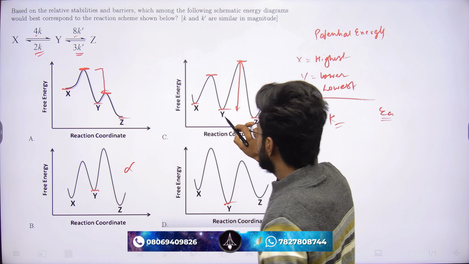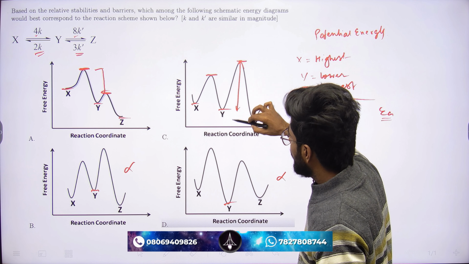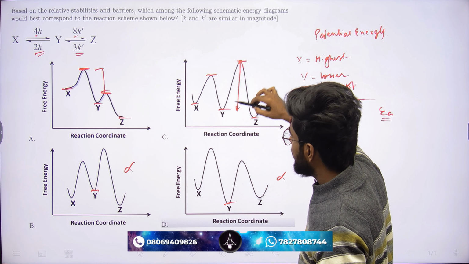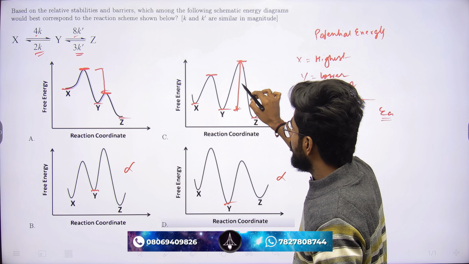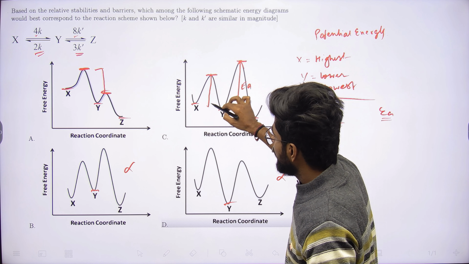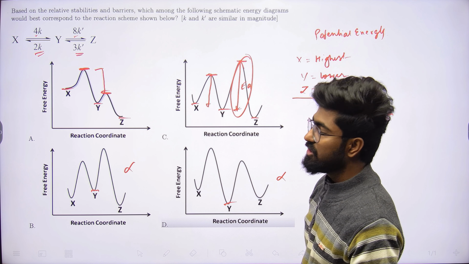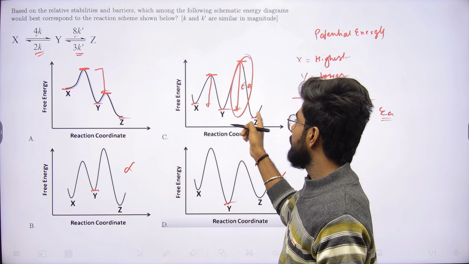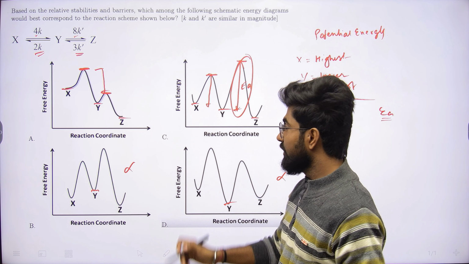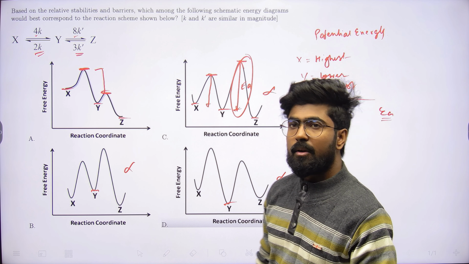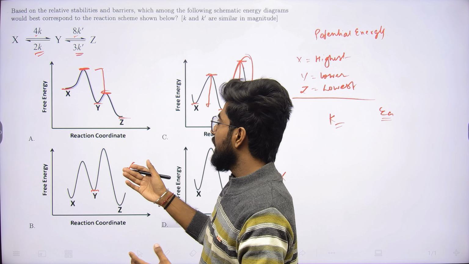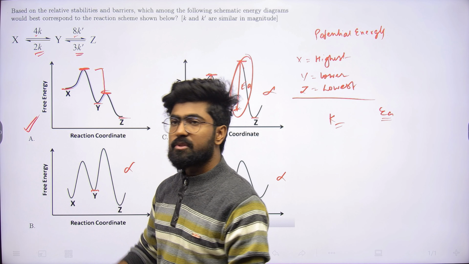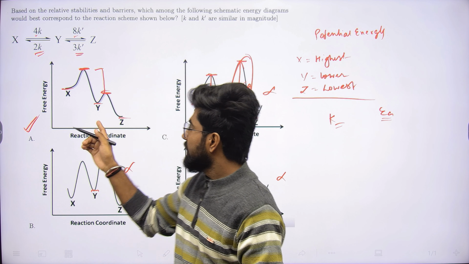So if the activation energy when we jump from Y to Z is more than this, then the rate should be substantially less when we jump from Y to Z than from X to Y. So this graph also fails the criteria given in this particular consecutive reaction. So that's why our answer is option A, and this is how you do it.